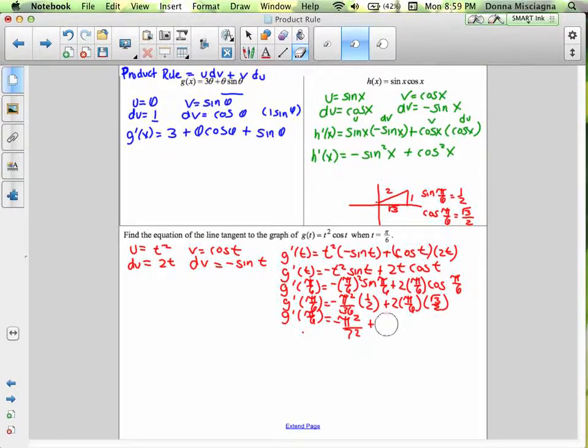Let's put the pi in front, that looks better: pi square root of 3 all over 6. That's our slope. We would need a calculator to simplify that any further than it is right now.